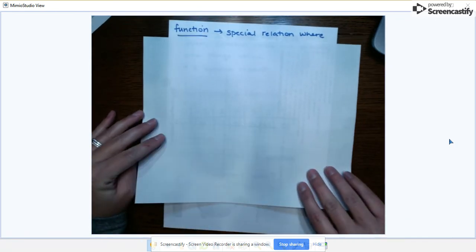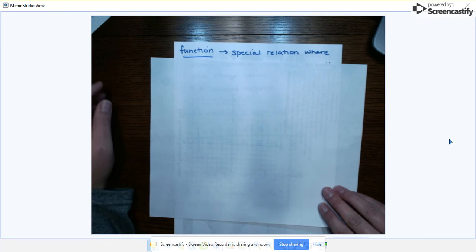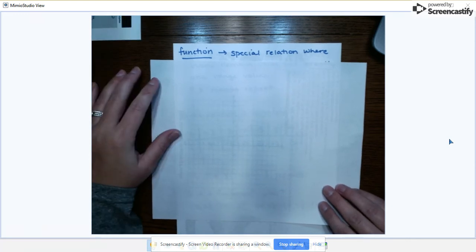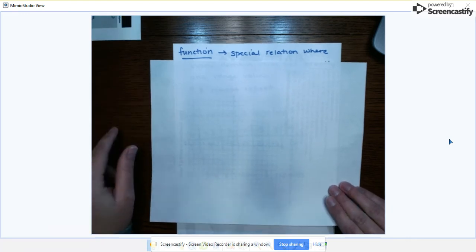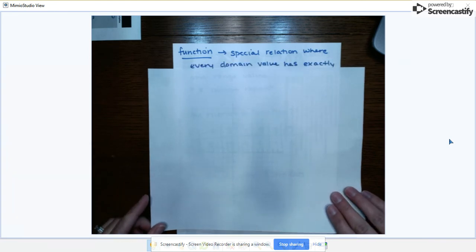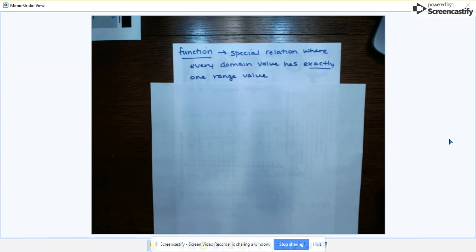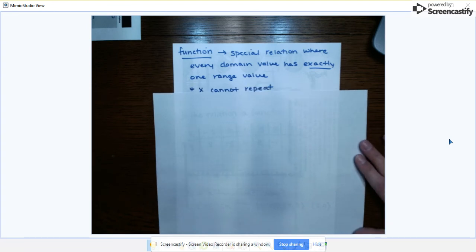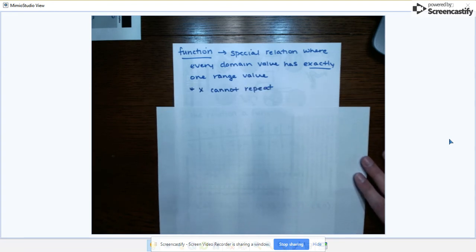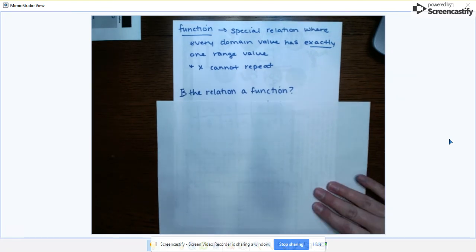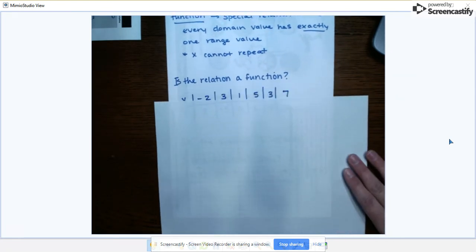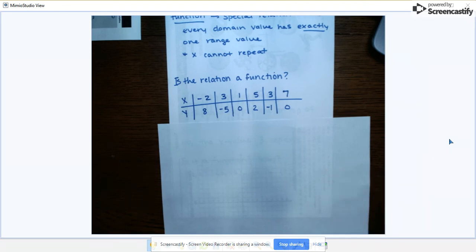So we said a relation is when we pair x's and y's. We can more specifically define a function. A function is a relation, but every domain value has exactly one range value, which means our x values can't repeat. So here we're going to see, is this table a relation or a function? So we have a bunch of x's paired with a bunch of y's, so we know it's a relation.